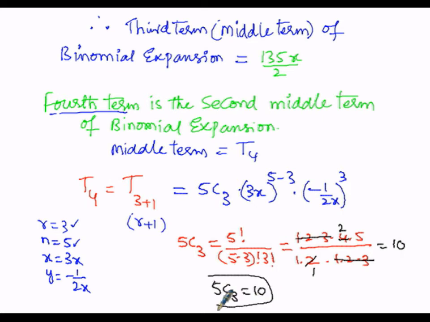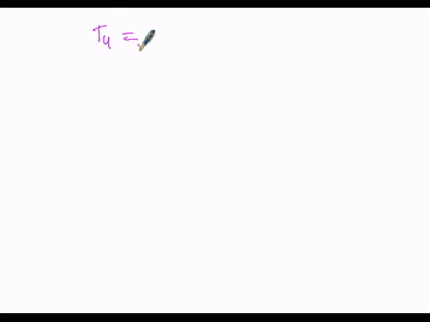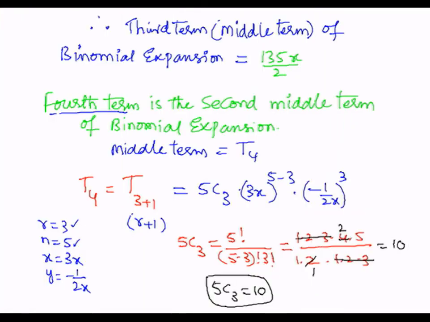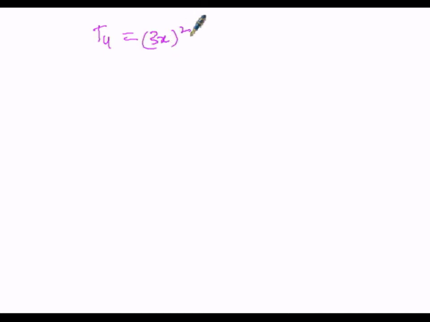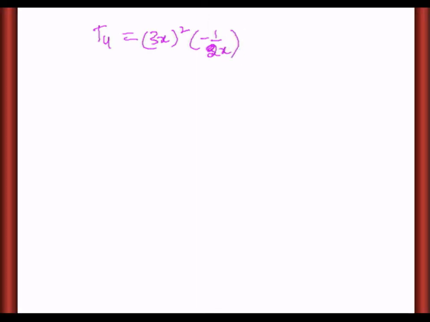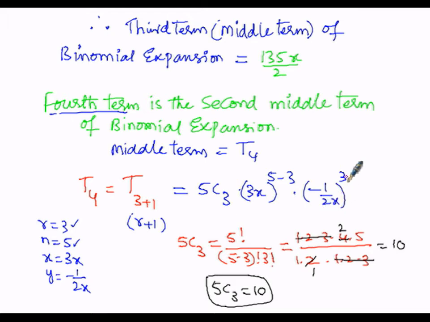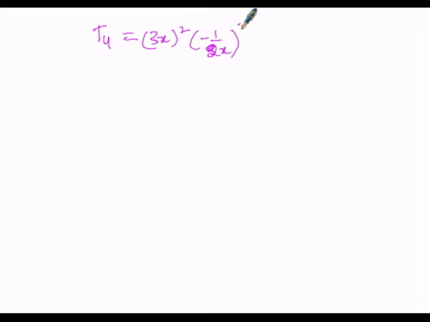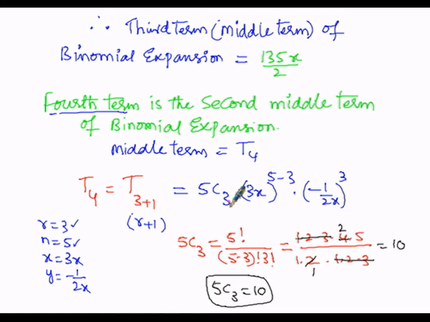So we have to replace this value in the place of 5C3, that is the binomial coefficient. So here T4, the fourth term, is given by 3x to the power of 5 minus 3, but 5 minus 3 is equal to 2, so 3x to the power of 2 into minus 1 by 2x whole to the power of 3, and it must be multiplied with 5C3.